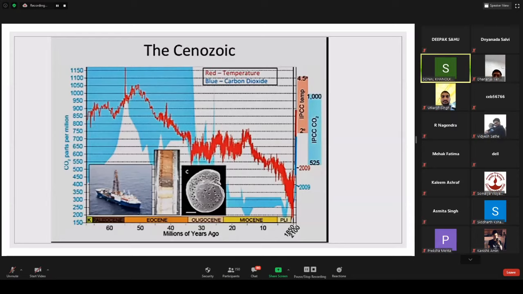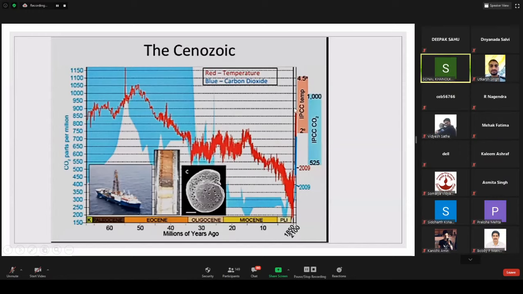Now, what is important to look at in this graph is the projection that we have around 90 years from now, and it's about 900 ppm of CO2. But in the past, especially around the Paleocene and Eocene, we had very high temperatures and very high CO2 levels of around 1,000 to 3,000 ppm, and very high sea surface temperatures as well.